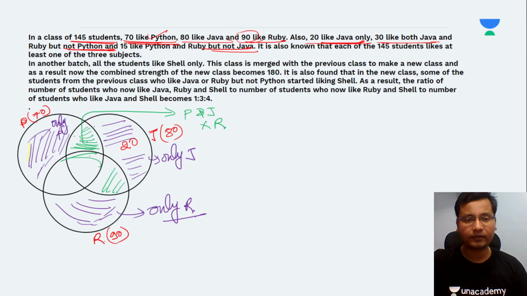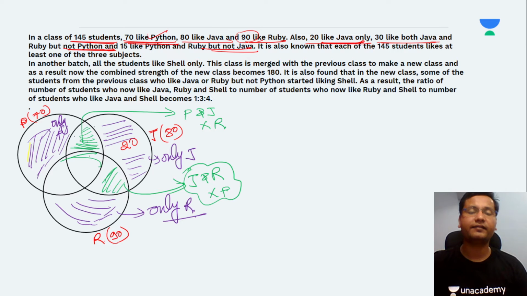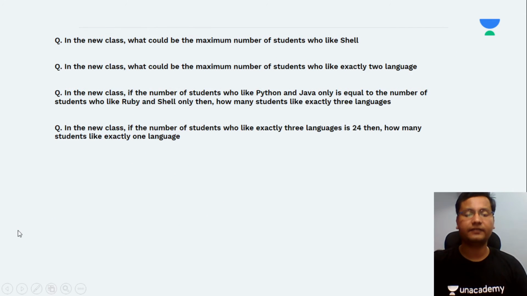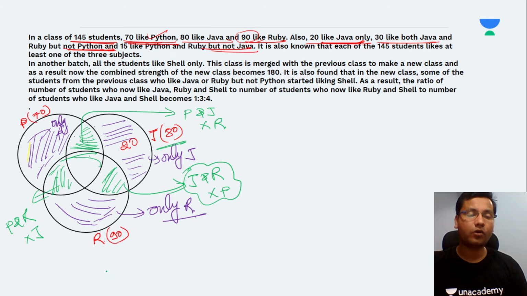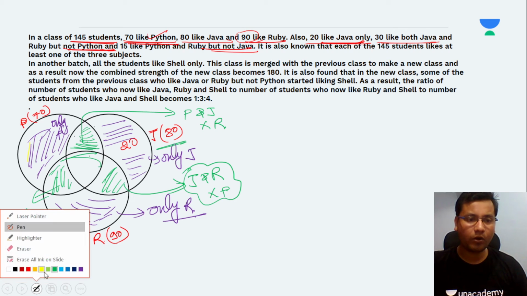Similarly, this portion is Java and Ruby and not Python. Similarly, this portion does not include the circle of Java. That means this is Python and Ruby, not Java. I think that is clear to everyone, right? Now also look at this, guys. This is the overlap of all the three circles.